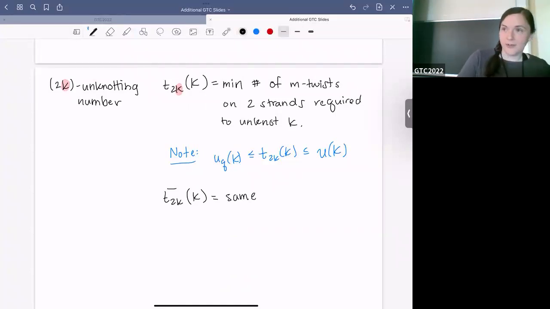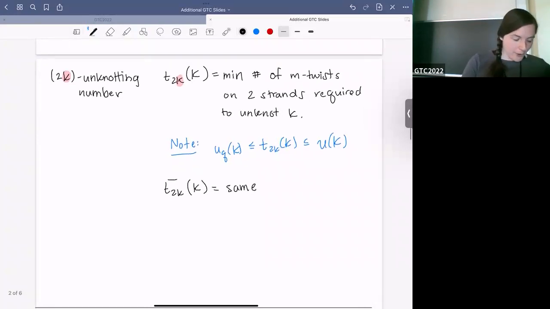And is there a different invariant for each value of k? The answer is no. So I'm going to let little k vary over any positive integer. It doesn't appear in the definition. The notation is more historical. And if I put a bar over it, it's just forcing it to be null-homologous. So this is the same as T2K, but null-homologous.